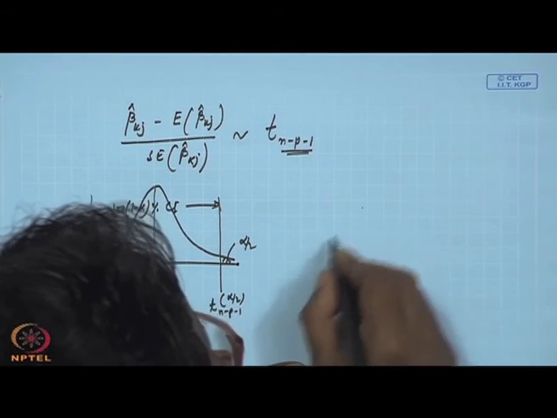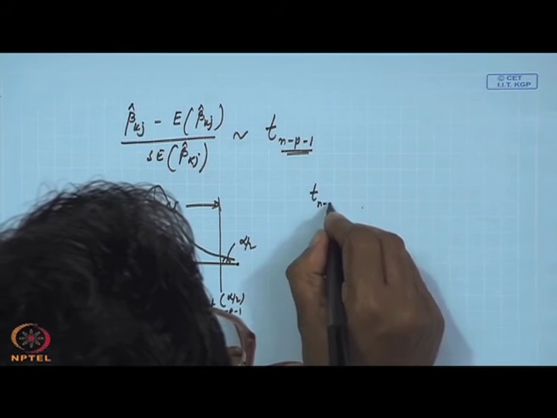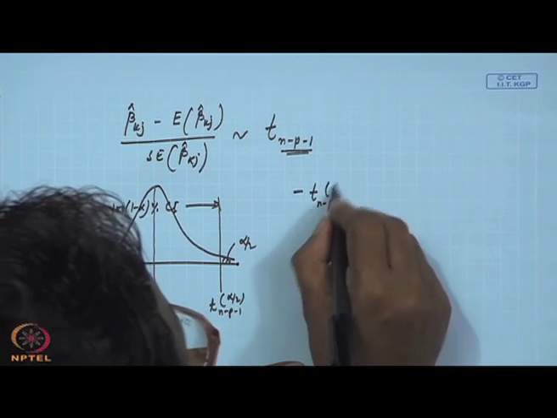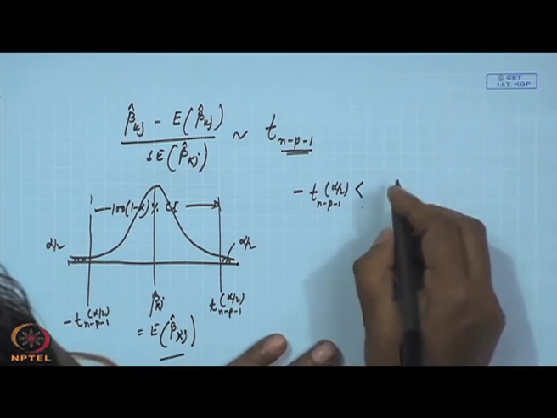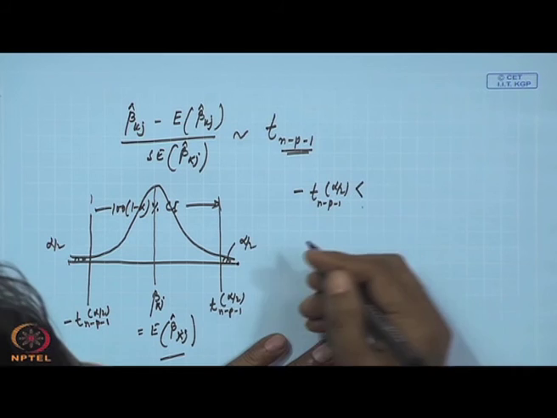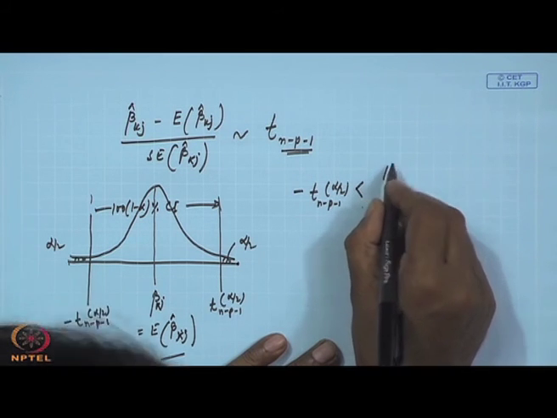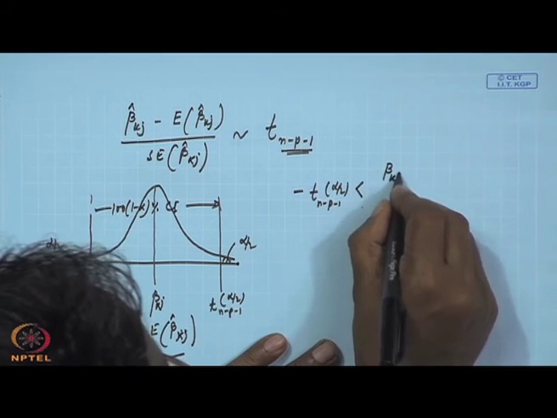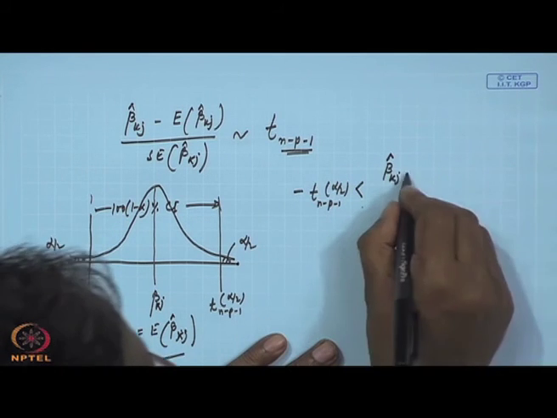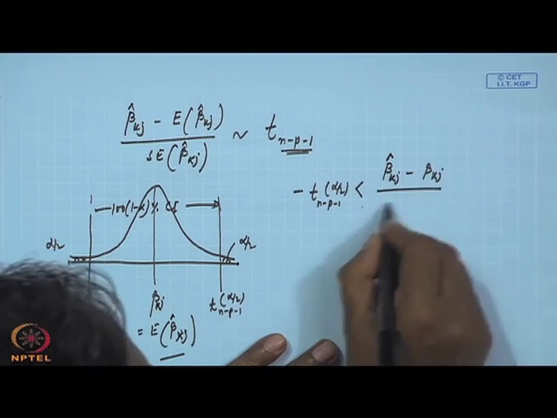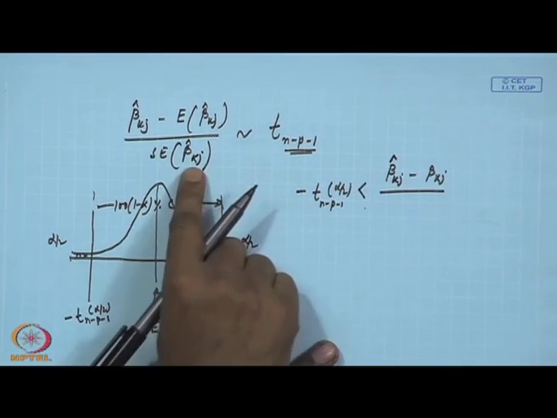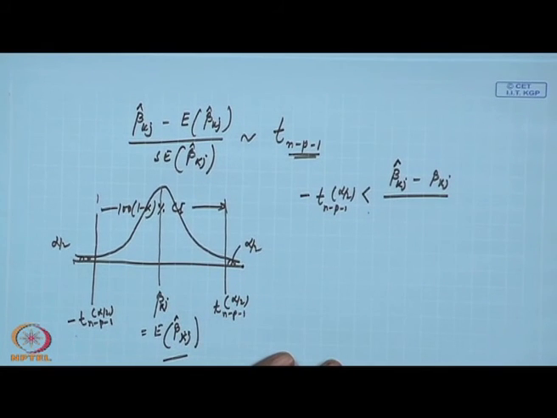So you can write minus t with n minus p minus 1 at alpha by 2 less than beta kj cap minus beta kj divided by the standard error of beta kj, which is x transpose x inverse times sigma k square.